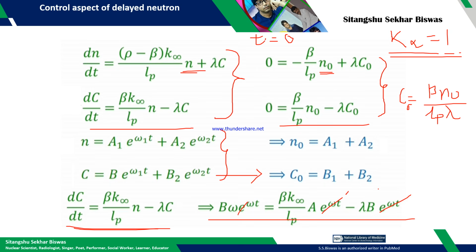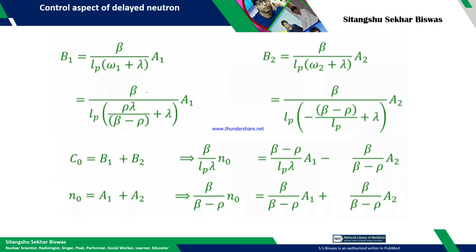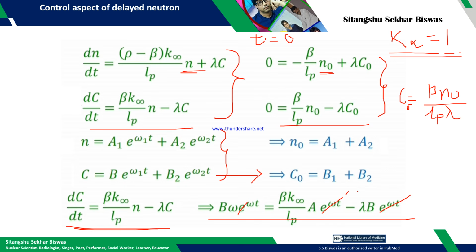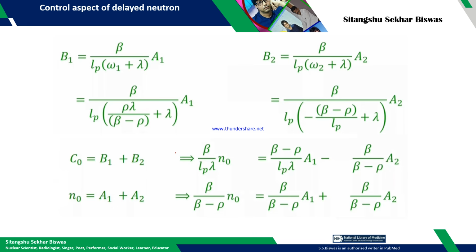So basically from this equation, if you find out A, you take this B omega plus lambda B divided by this term. So that's why I have written B1 is equal to this into A1 and B2 is equal to this into A2.